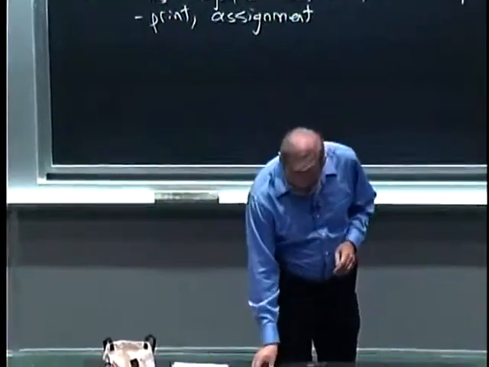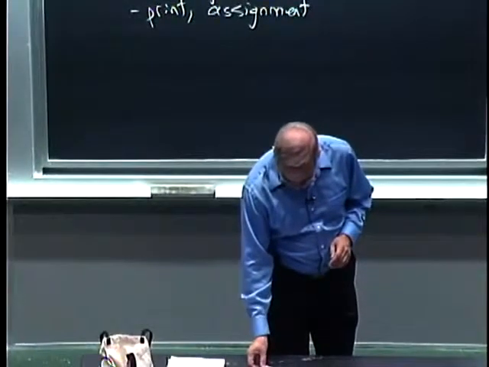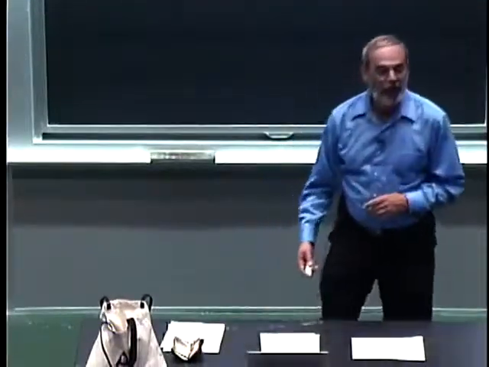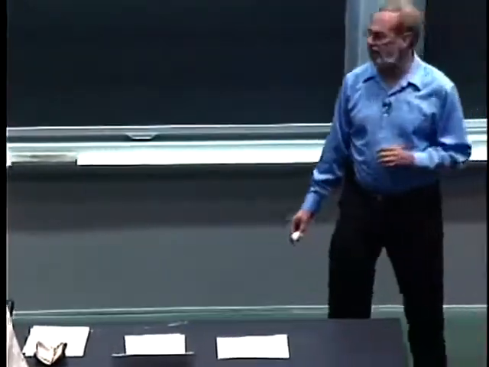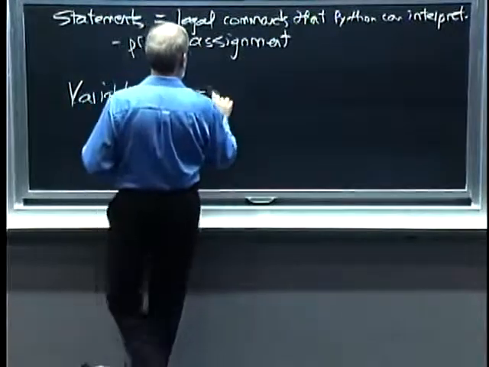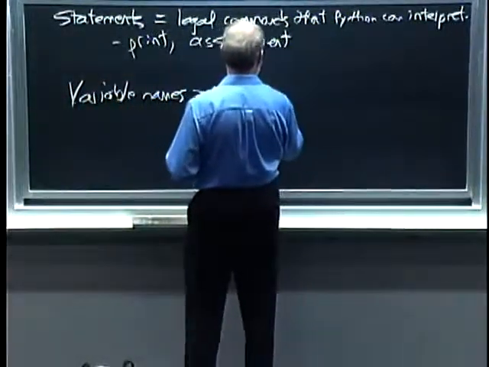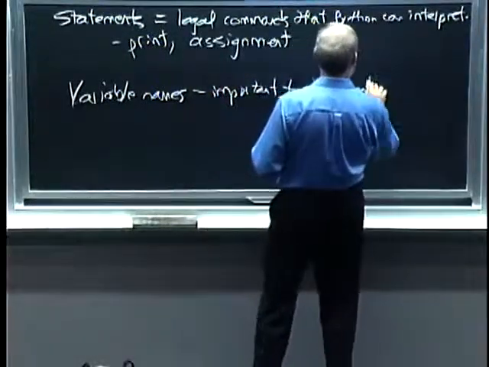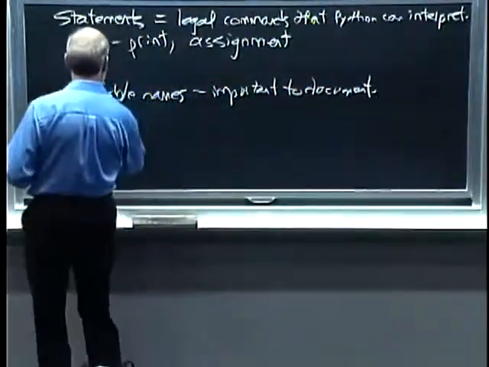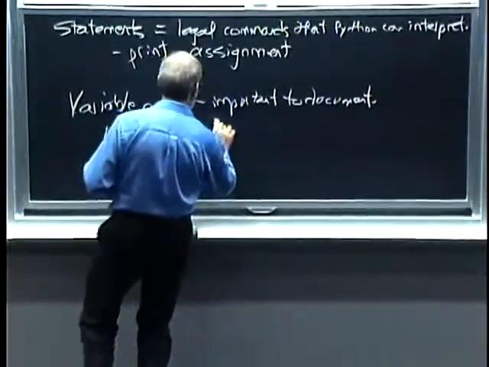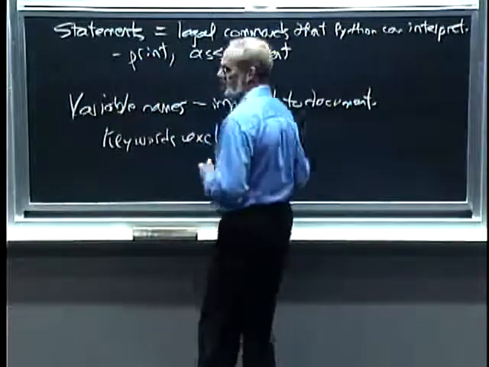The other piece I want to say about variable names is that once I have that choice of variable name, I can use it, but in fact there are a few things that I can't use. So, these are an important way of documenting, but there's some things excluded. In particular, there are some keywords that Python is going to use that have to be excluded.